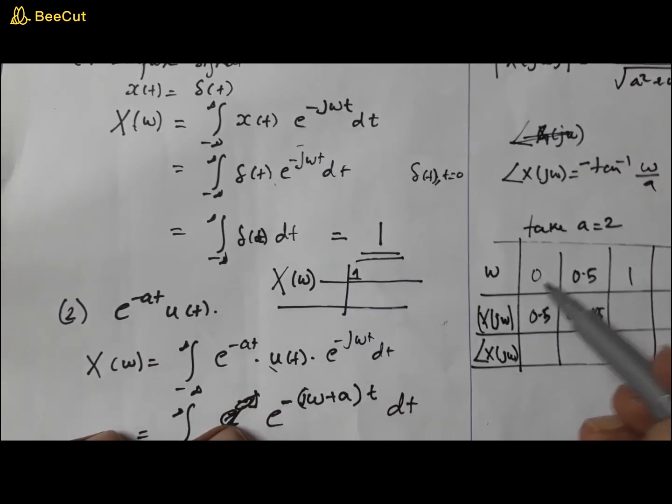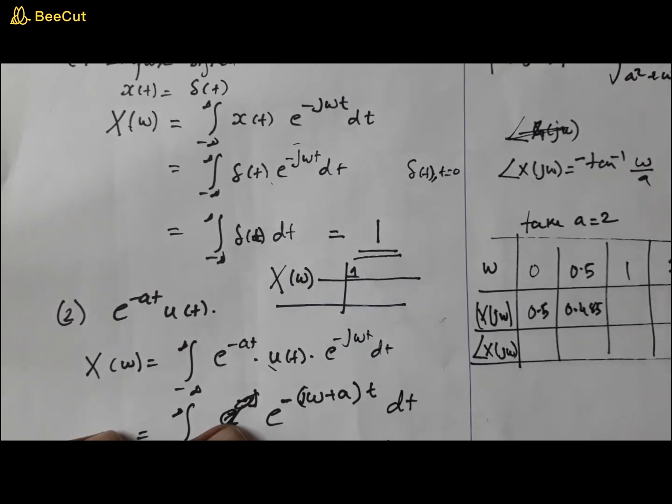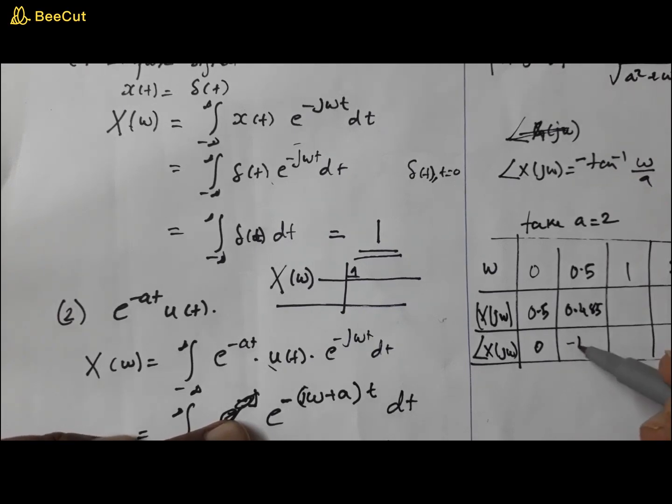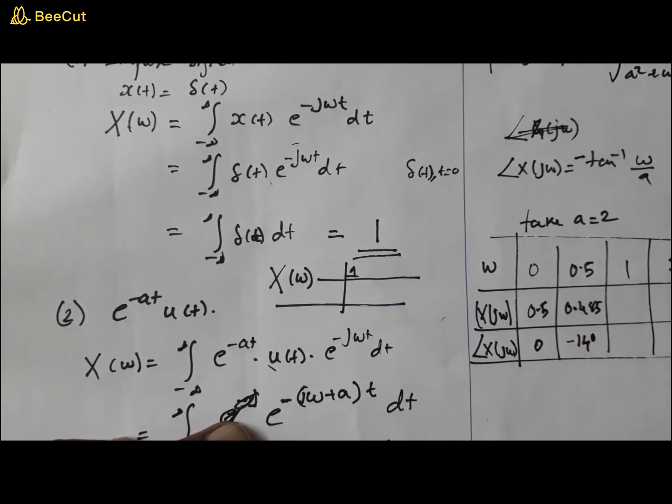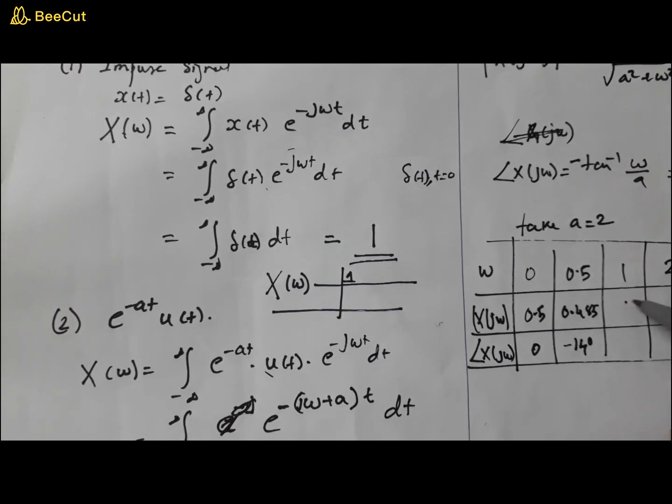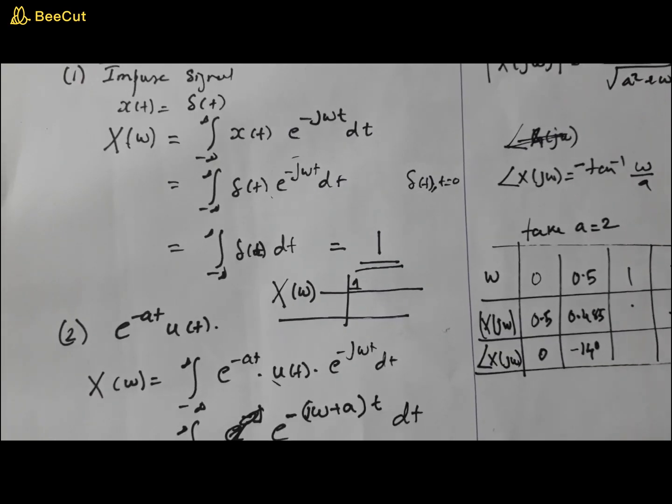When omega is equal to 0, this is tan inverse 0, which is 0, so the answer is 0 here. Now what about minus tan inverse 0.5 by 2? That is 1 by 4, so the answer is going to be minus 14 degrees. Similarly, you can find out all these values.